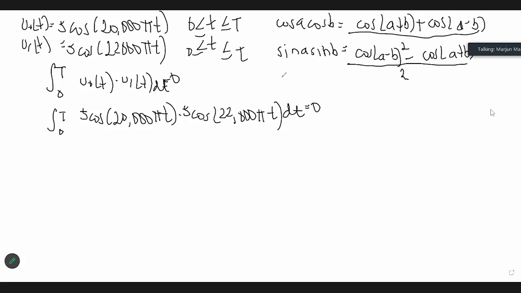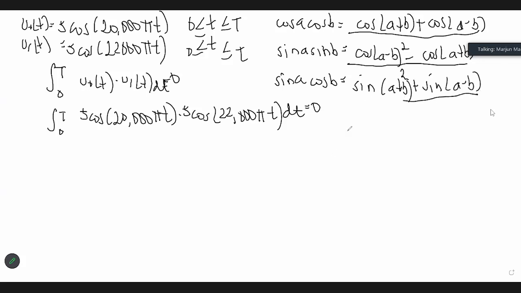Sine A times cosine B is equal to sine A plus B plus sine A minus B over 2.